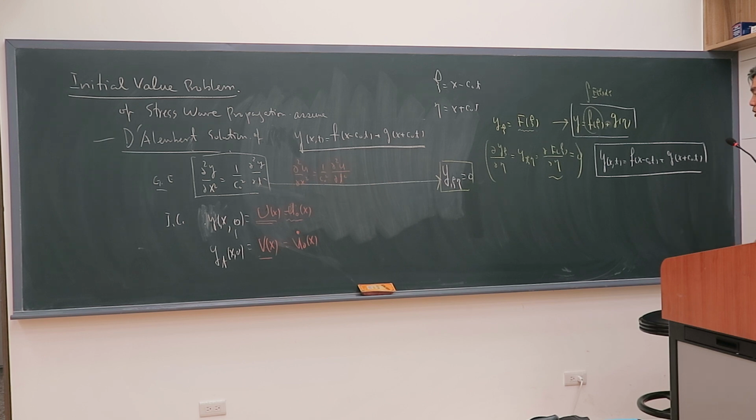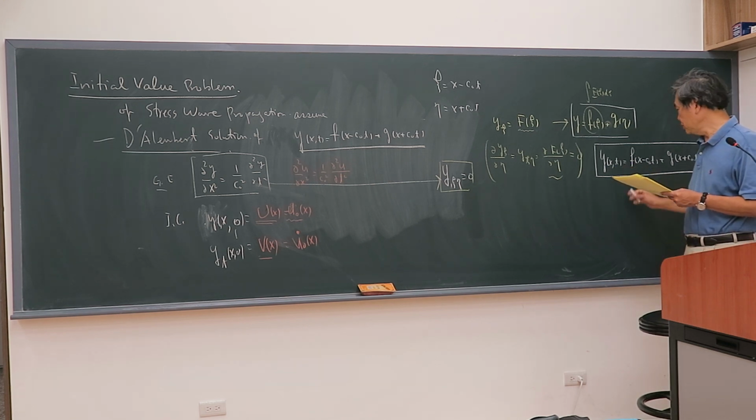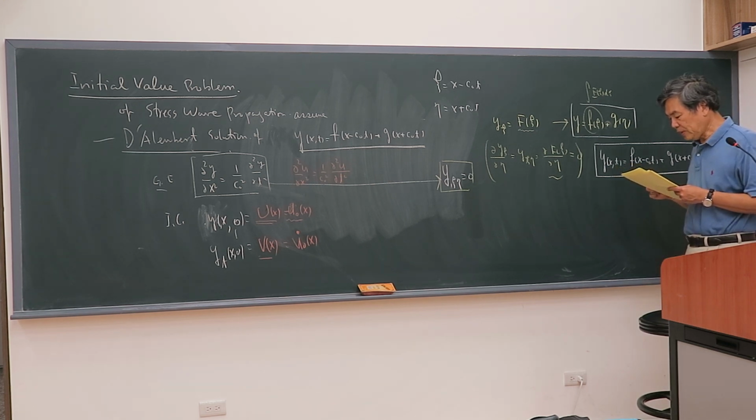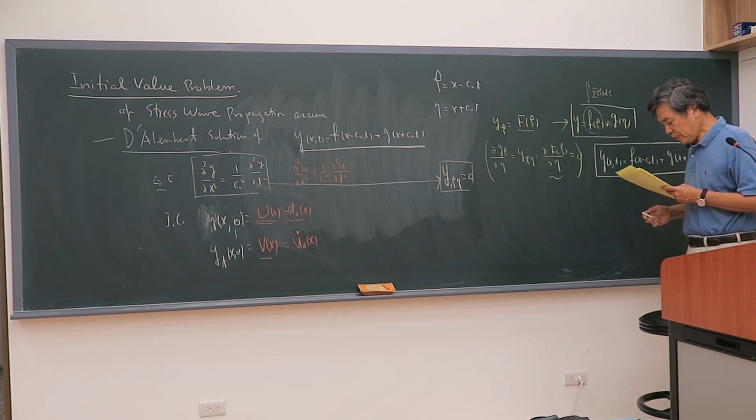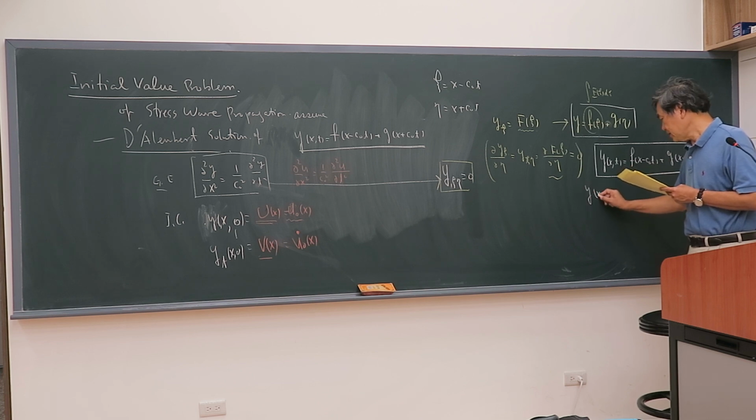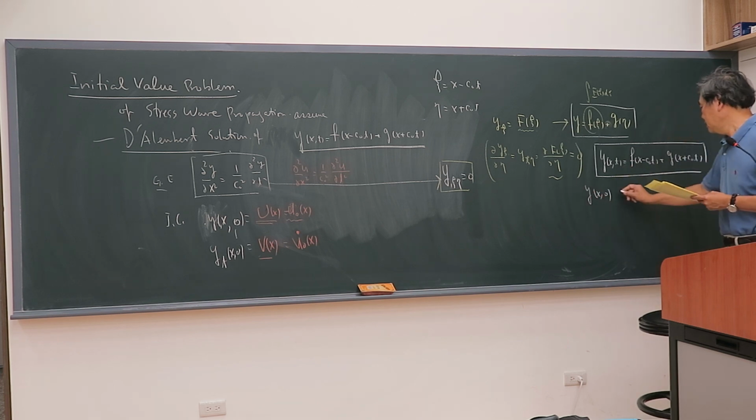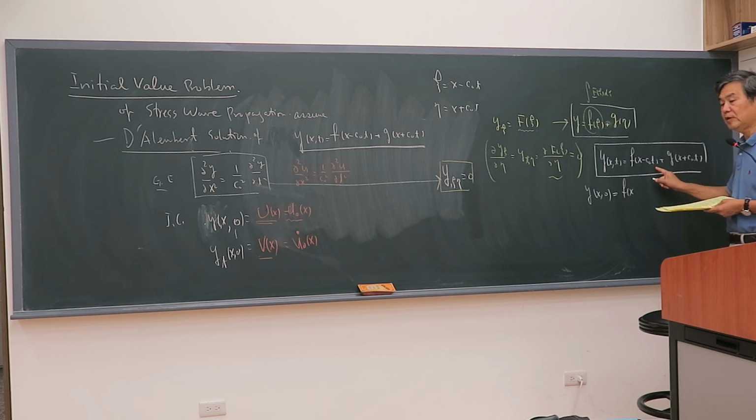So from this solution, I need to use the initial condition, right? So last time we say y x at t equal to 0 is equal to function of f x, because t is 0, plus g of x.